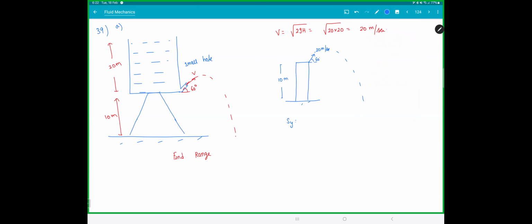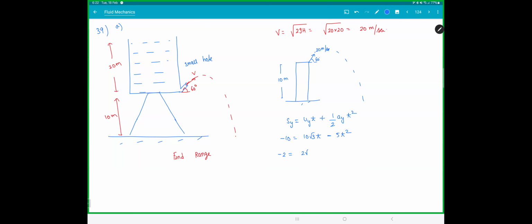We can use Sy is equal to Uy t plus half a t square. So when you're throwing from the building, the vertical height is what matters. Sy is minus 10. Uy is 20 sine 60, so that's 10 root 3 t. Ay is minus g, so minus 5t square.